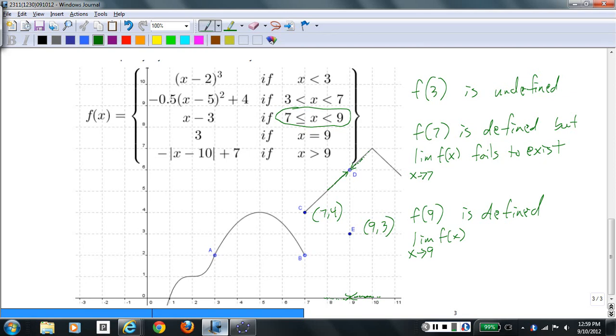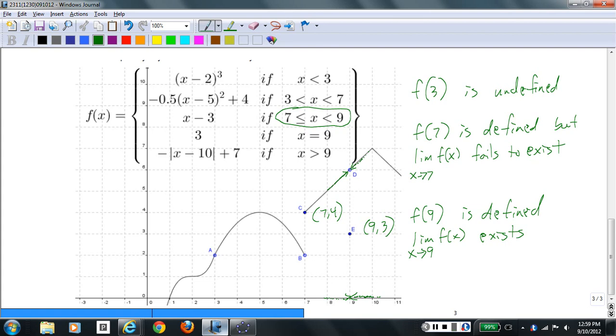So I'm thinking, as x approaches 9, f of x approaches 6. So it looks like this limit exists. So the function is defined, the limit exists. Is it continuous at 9? I claim it's not. Why might I think it's not continuous at 9?